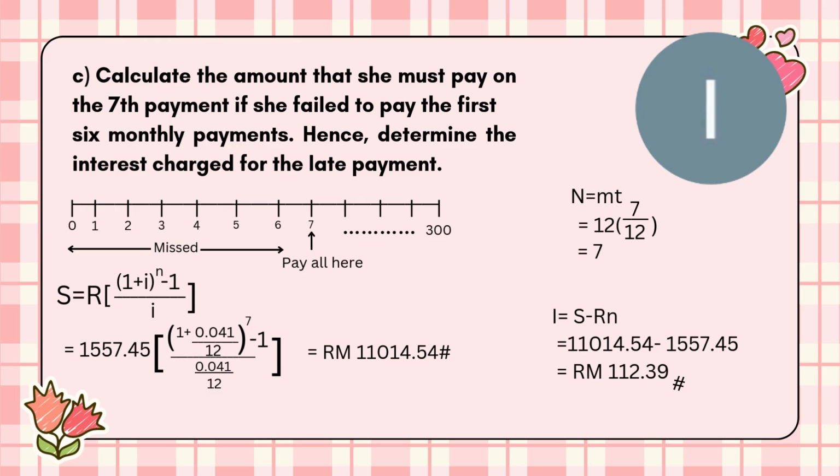Here she said determine the interest charge, which is S minus regular payment times the number of payments, which is 11,014 ringgit 55 cent minus 1,557 ringgit 45 cent times 7, and the answer is equal to 1,012 ringgit and 39 cent.